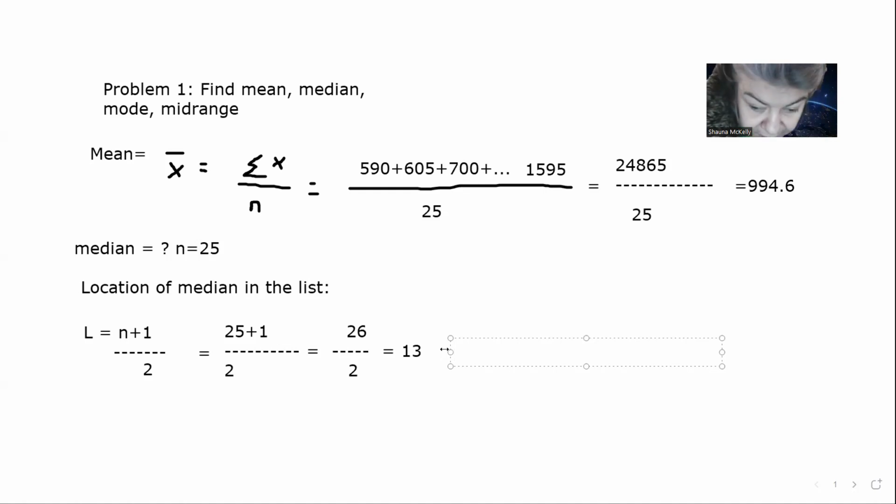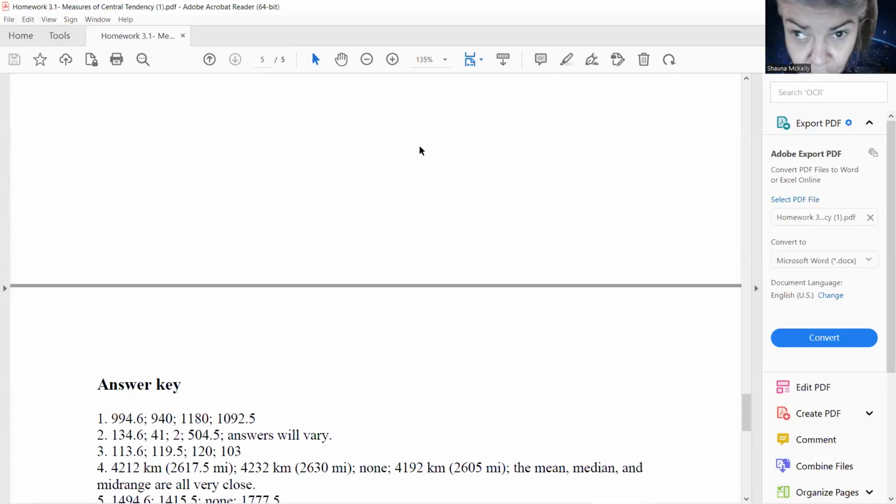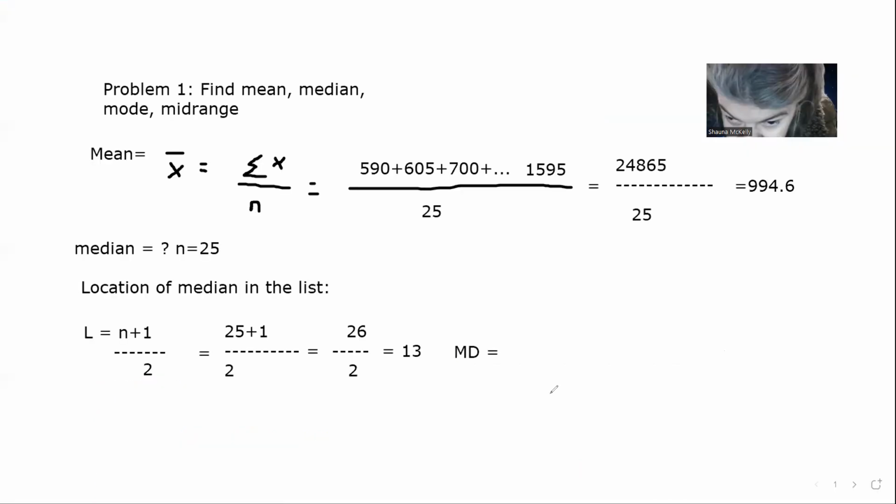my median, my MD was, what was it, 930, I think. I didn't write it down, I should have. It was 940, okay? So my mode, my median rather was 940.